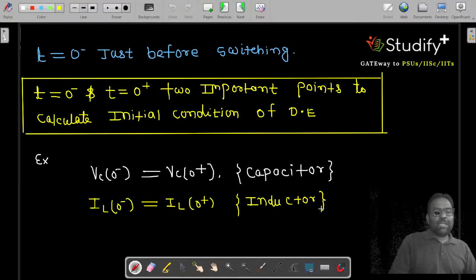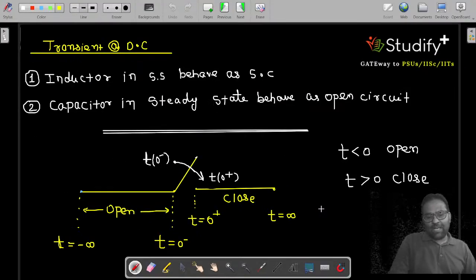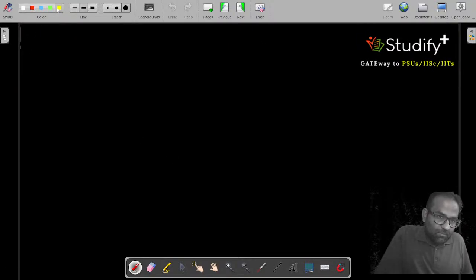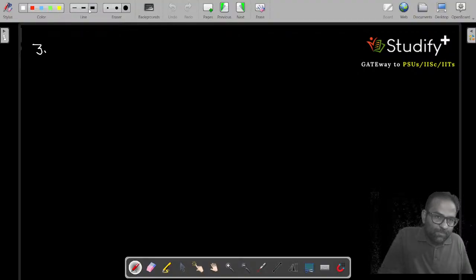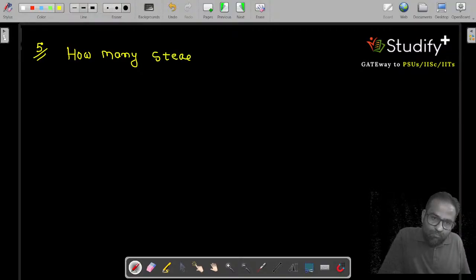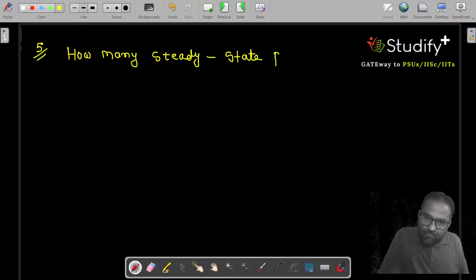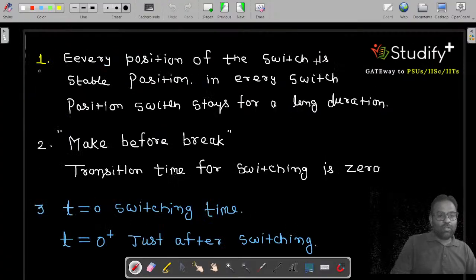Okay, how many steady state points are there? Always remember, the steady state points are where your circuit components behave in steady state.